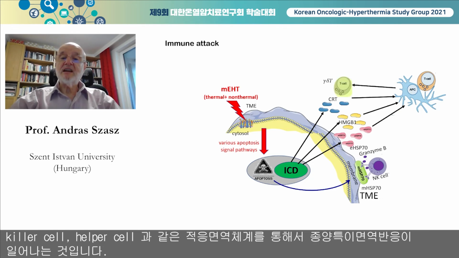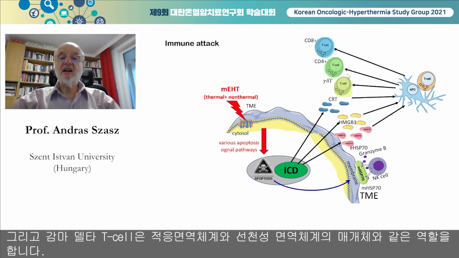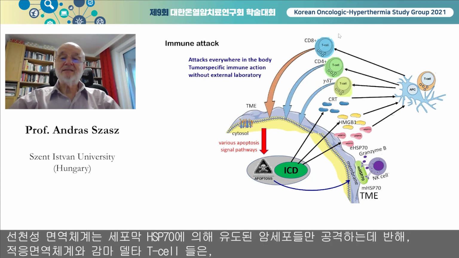So they produce a tumor-specific immune reaction, which is the killer cells and helper cells, like members of the adaptive immune system, and the gamma delta T cells, which are in between the adaptive and innate immune system, somehow a median between the two. And then these T cells attack the cancer cells everywhere in the body.